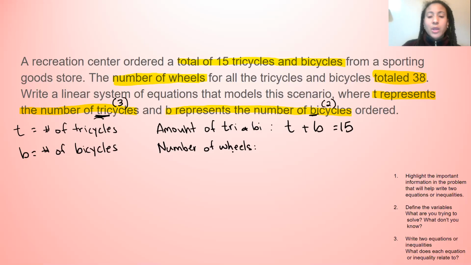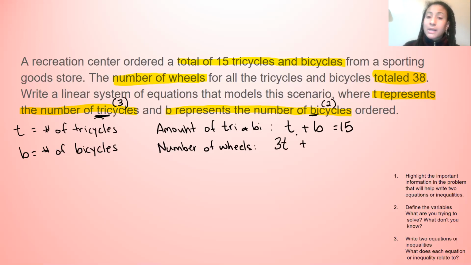So now that we're talking about the number of wheels, if I had 1 tricycle, how many wheels would it have? 3. If I had 2 tricycles, how many wheels would I have in all? 6. How did you do it? You had to do 3 times the amount of tricycles. So we have 3T. And then if we're talking about bicycles, same thing.